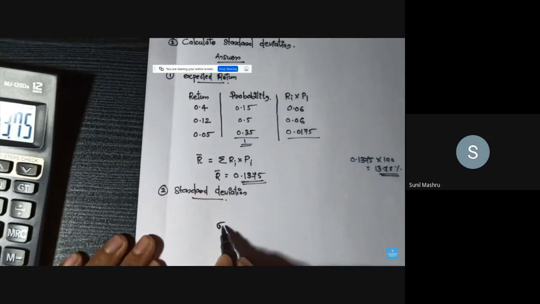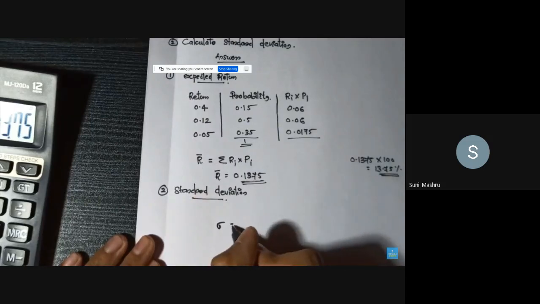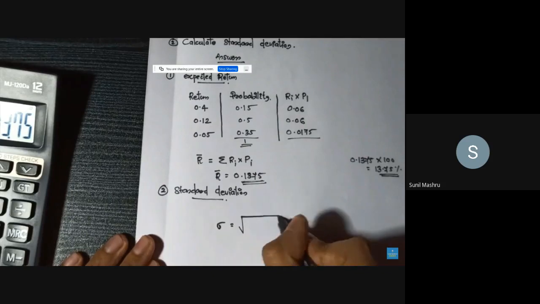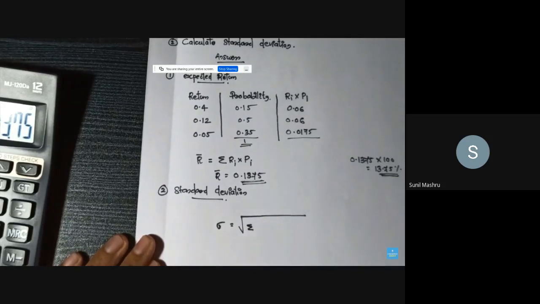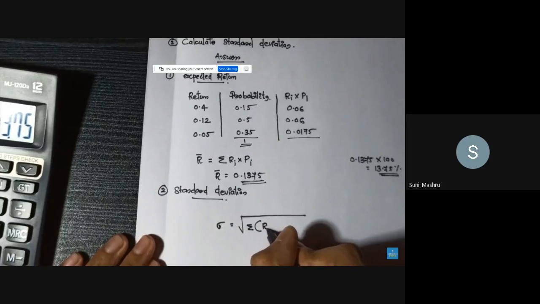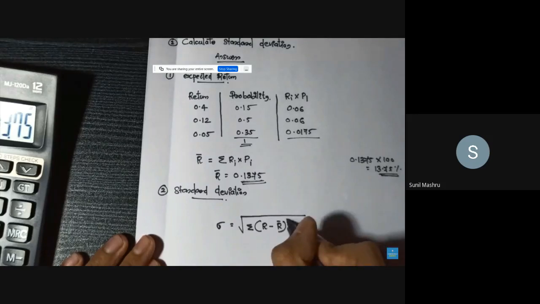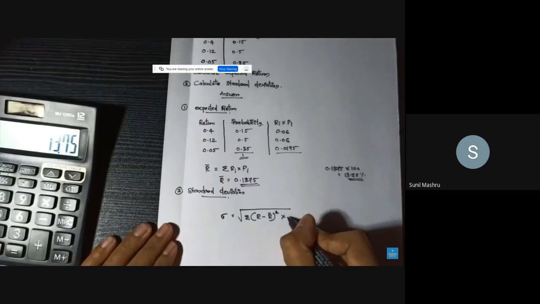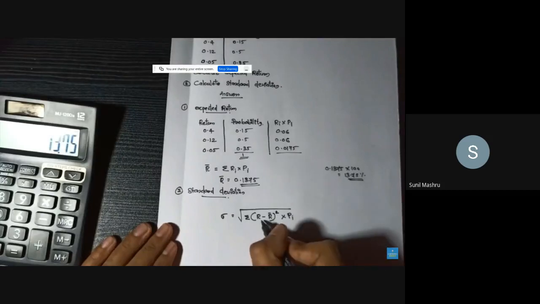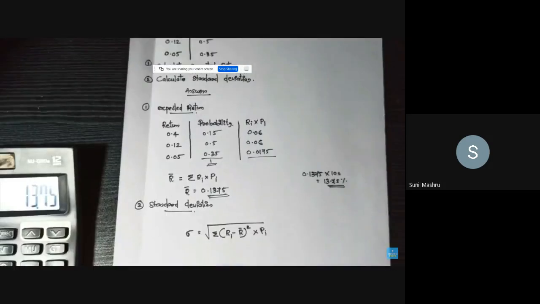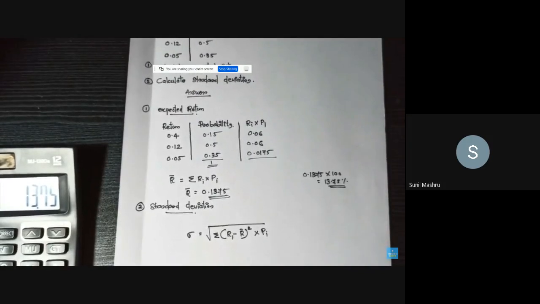So standard deviation is equal to the square root of sigma, in the bracket Ri minus R bar, that is expected return, bracket closed, squared, into Pi. So this is the equation to find the standard deviation.